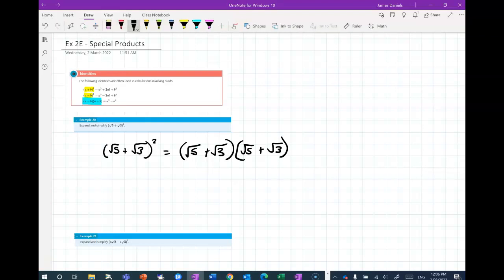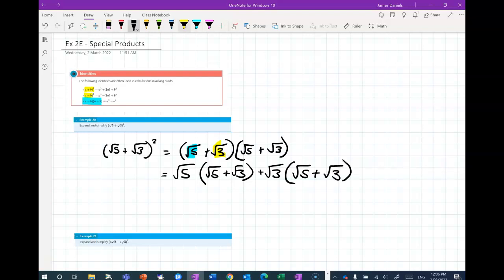So what I can do is we're going to break up the first one here and multiply them each by the second bracket. So I'm going to take the square root of 5 and it's going to get multiplied by the square root of 5 plus the square root of 3. And now I'm going to take the square root of 3 and multiply it by the square root of 5 plus the square root of 3.